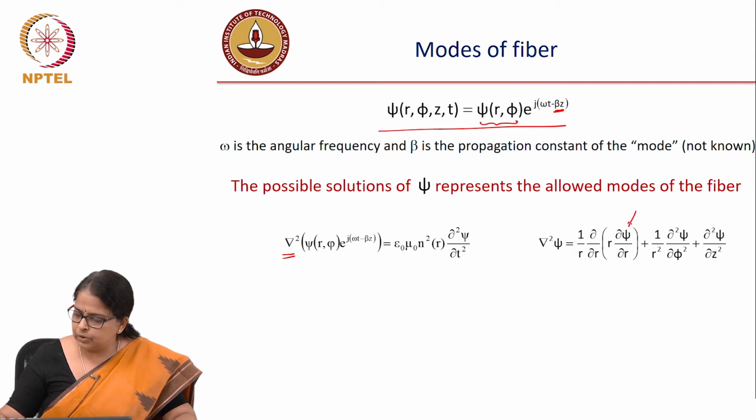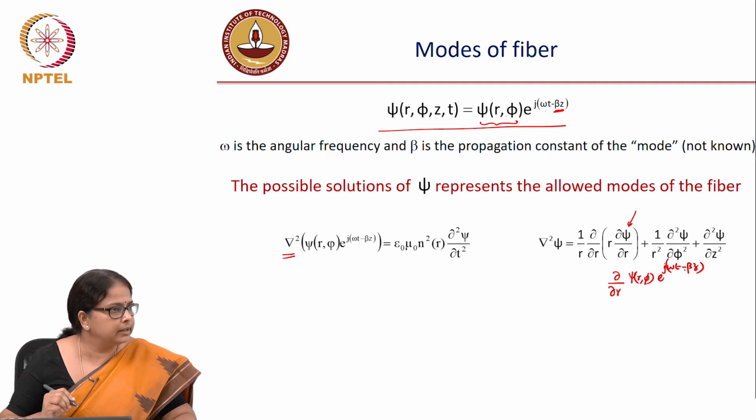So I substitute psi everywhere, for instance as del by del r of psi, a function of r, phi, times e power j omega t minus beta z. I will keep substituting like that.